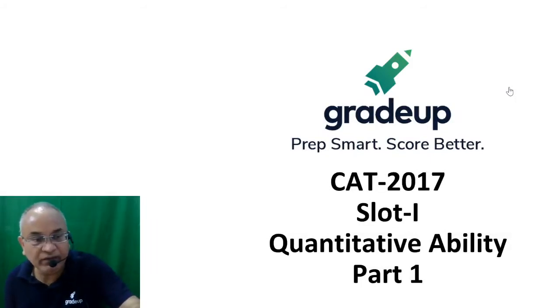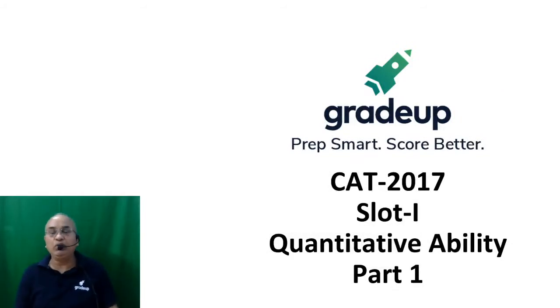So I would like to start my class. This is the CAT 2017 slot 1 quantitative ability part first. As you know, we are completing each section in 3 parts. The quantitative section will be completed in 3 parts, and similarly the DI and English sections, so that you can understand the things easily.